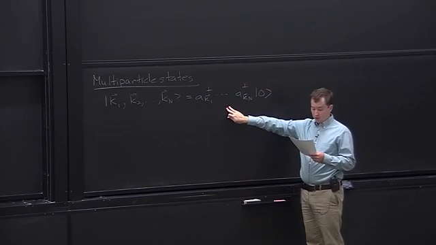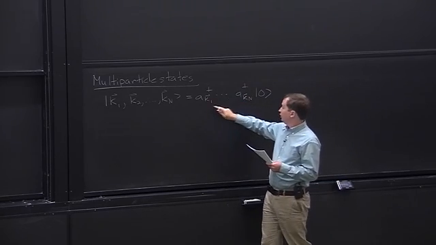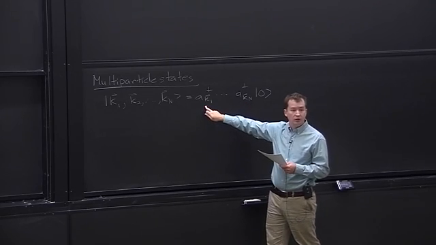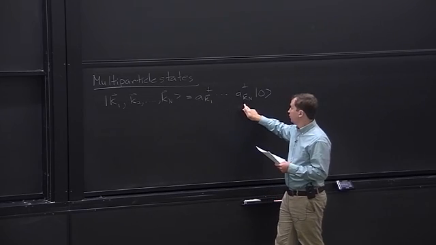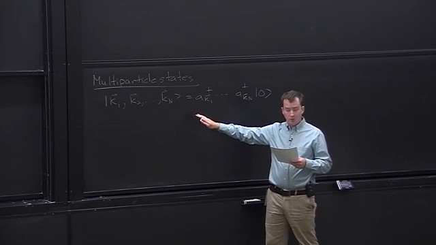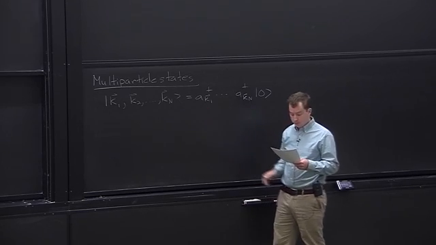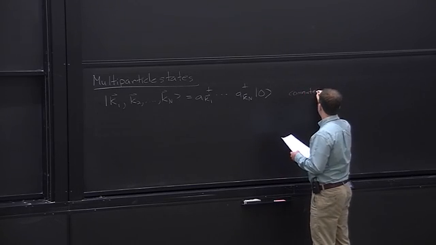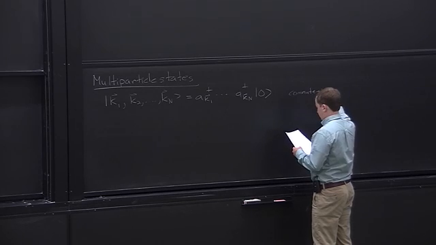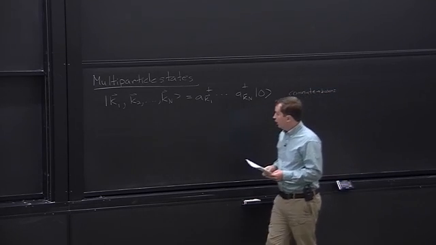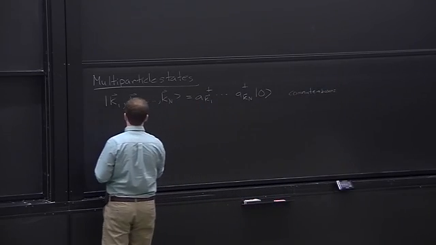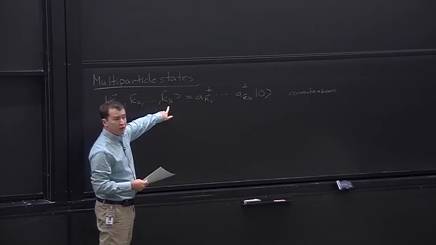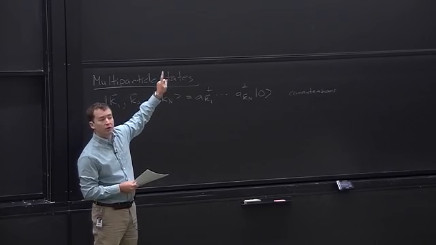And that's a multi-particle state. So one thing we notice is that the a_k daggers all commute among themselves. So the particles we're creating are bosons. And these states, with n particles here, will have an eigenvalue of n under that number operator.